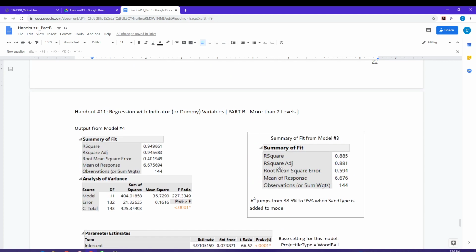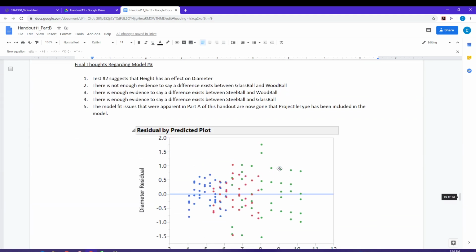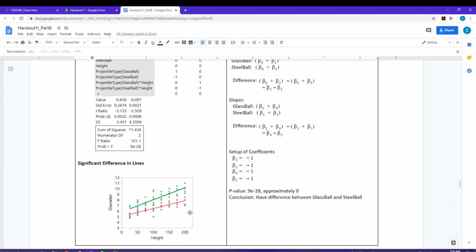I would encourage you to do that, if you need to do that, through these types of plots here, just picking up different lines and points. Now it's much more complicated than what I've shown here because I have to worry about sand type as well. So maybe you would use open circles and closed circles for the two different sand types. Different marks for the two different sand types and different colors for the different projectile types.